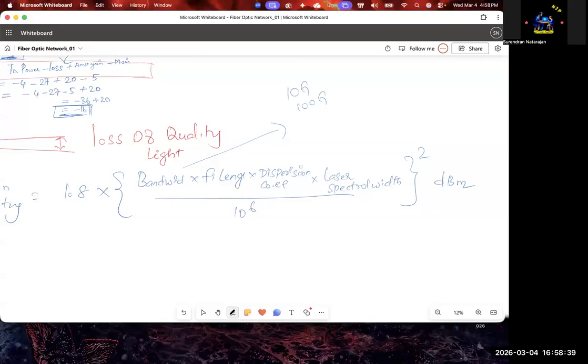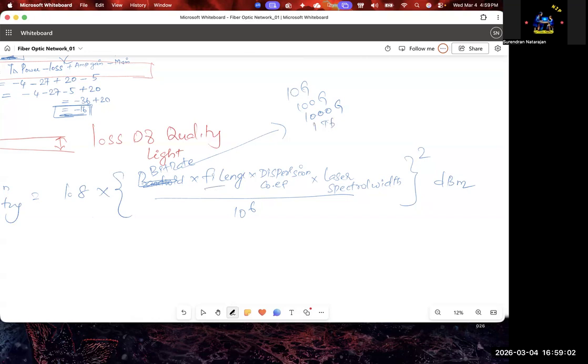Bandwidth is not speed, right? Correct, true. This was given as bit rate. Sorry, bit rate. You are right. Very good, Sai. So the bit rate is 100, same as speed, or 1000 GB or 1 TB, whatever it is.